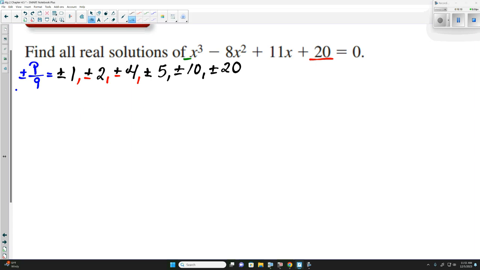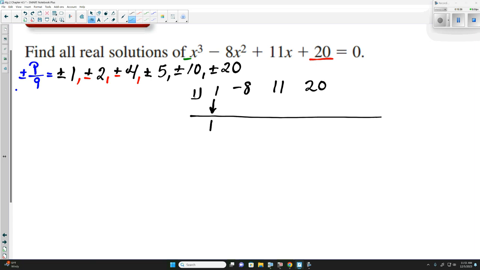So what we've said is these are all the possible rational zeros. So we can do synthetic division on each one of these. So 1 for x to the third, negative 8, 11, and 20. We bring down the 1. Well, the first one we have listed is 1, yes?